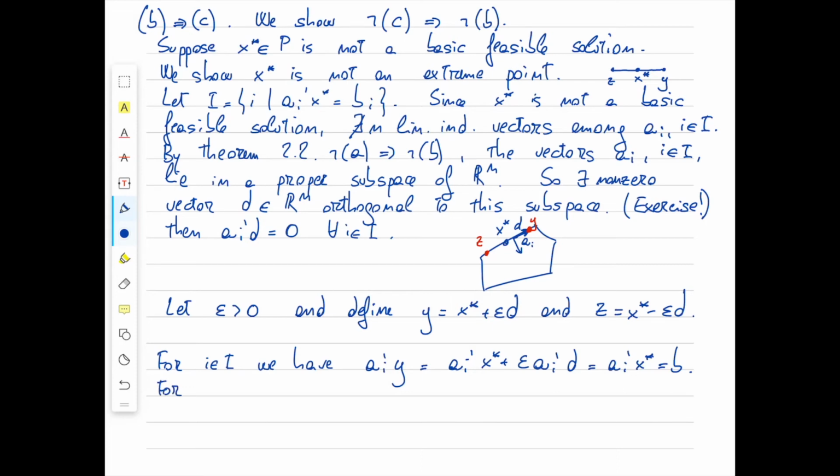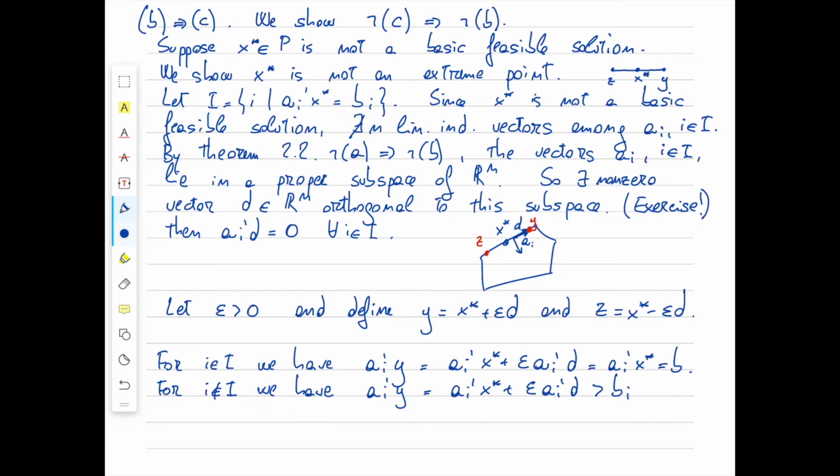Then for i not in I, we have A_i transpose y equal to, once again, we just need to substitute, A_i transpose x star plus epsilon A_i transpose d. And this is then strictly larger than b_i.